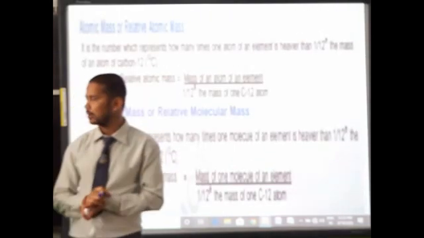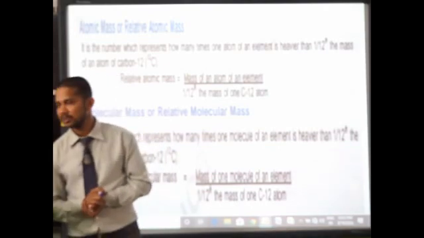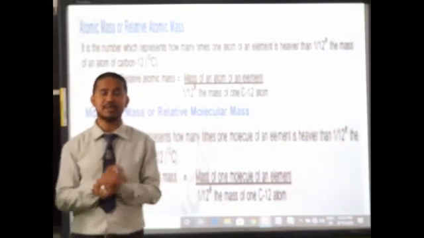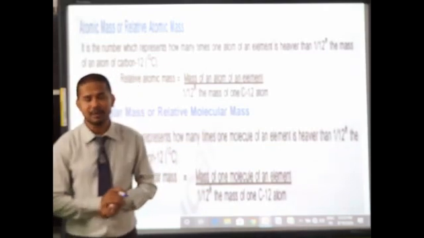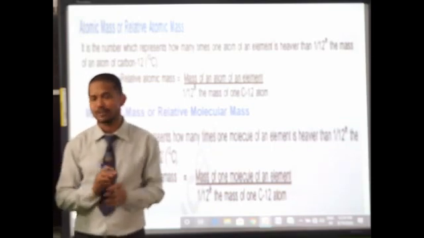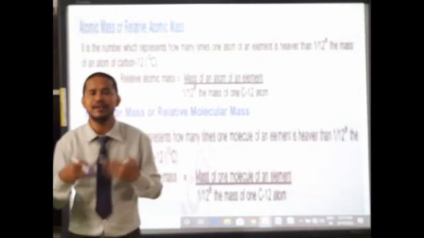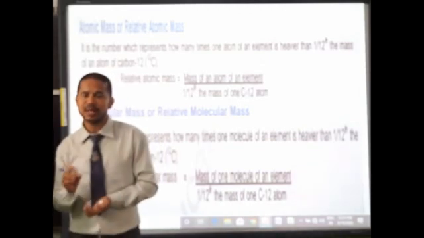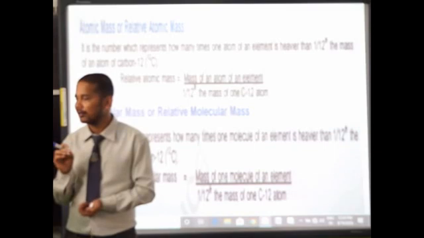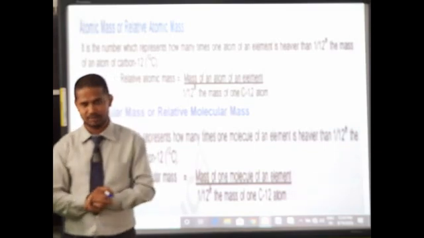Then this one also we have already done in class 9, relative atomic mass or atomic mass. So what is relative atomic mass? It is the number which represents how many times one atom of an element is heavier than 1/12 of a carbon-12 atom.